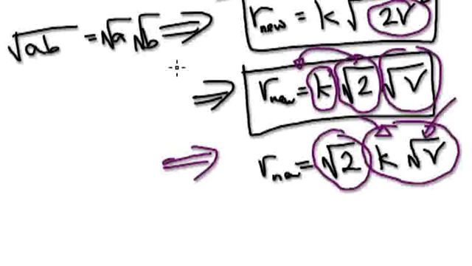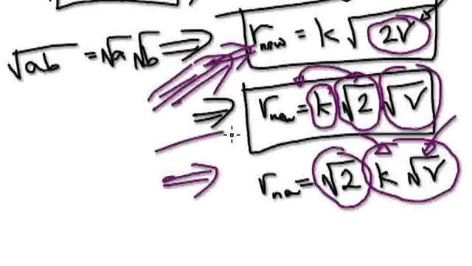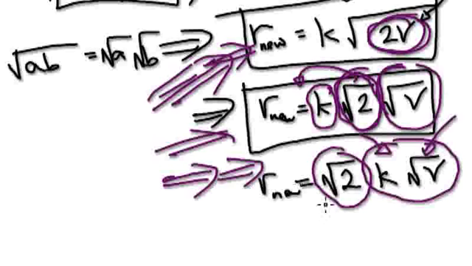This is why we wanted to express this whole thing in terms of the old radius, so we broke up this thing here and expressed the new radius in terms of the old radius.